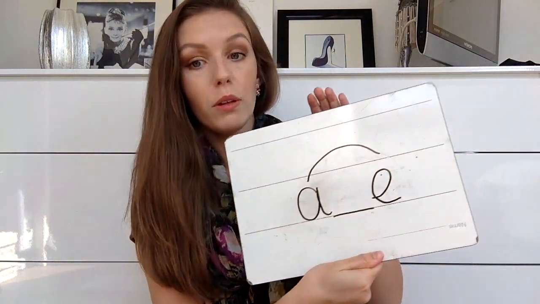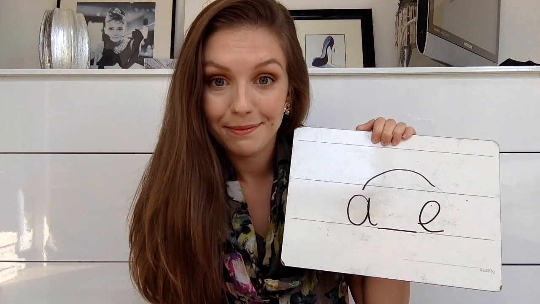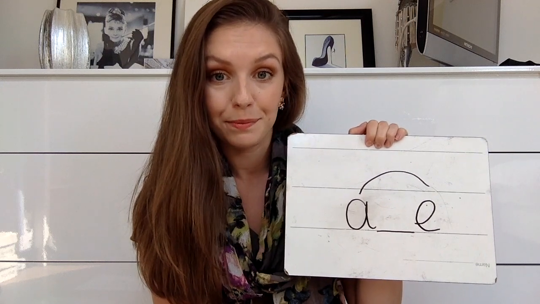So what she did was put another sound in between A and E so that they couldn't talk to each other. But what A and E did was they used to hold hands behind this sound's back so that they could still make the A sound.